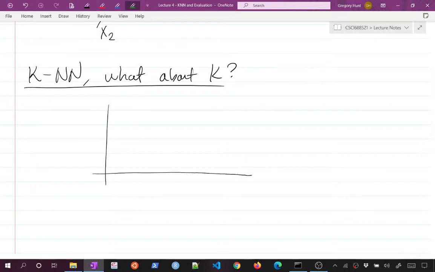I need some training data. Let's say my training data are these green points. Let's do a simple pattern like this. So these are my training data points.